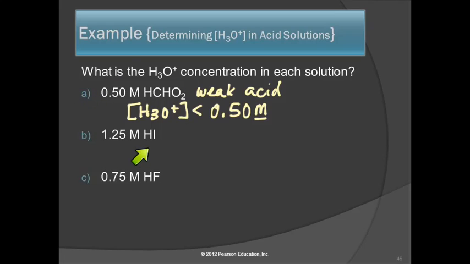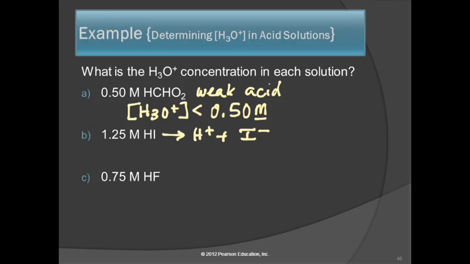What about HI? Is that a strong acid? It is. Hydroiodic acid is a strong acid, meaning that it all ionizes. So this goes completely to H plus and I minus.